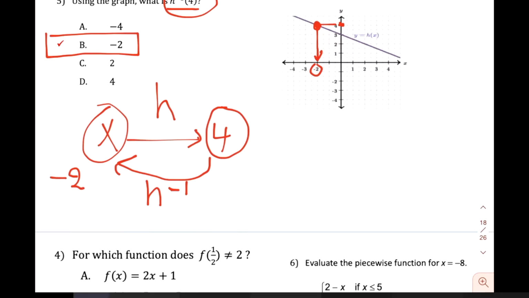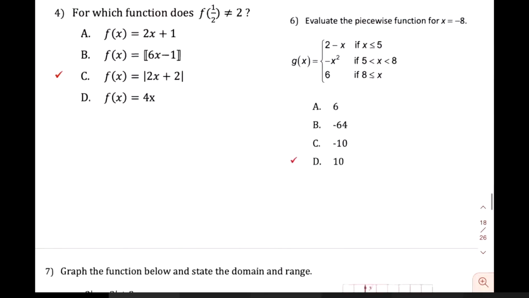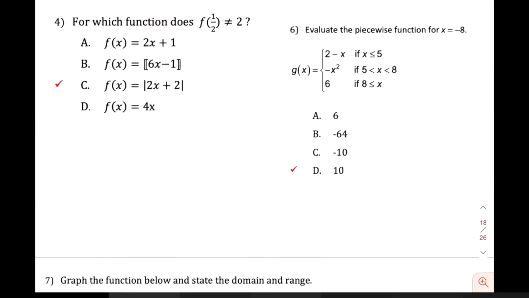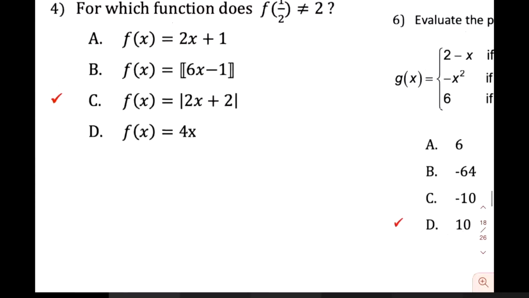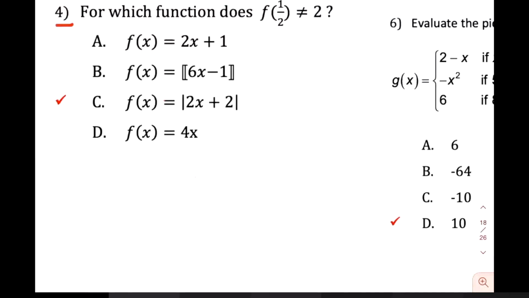Okay, good. So let's go to this one. These are special functions, if you remember. In question 4, which function does f of half different than 2?